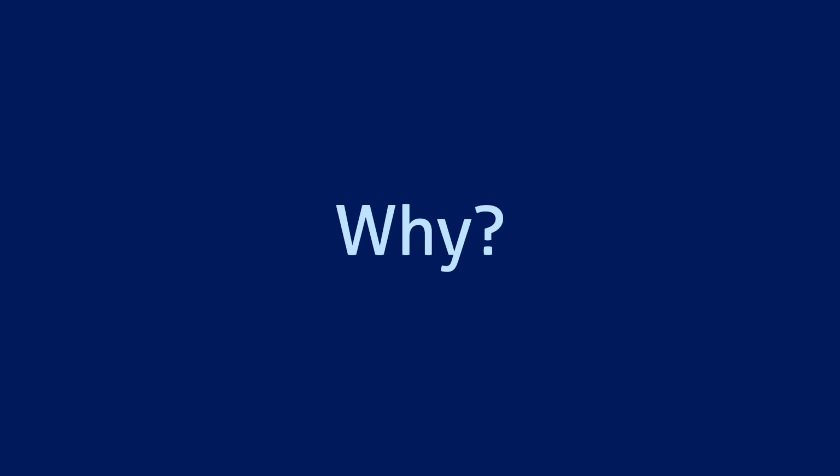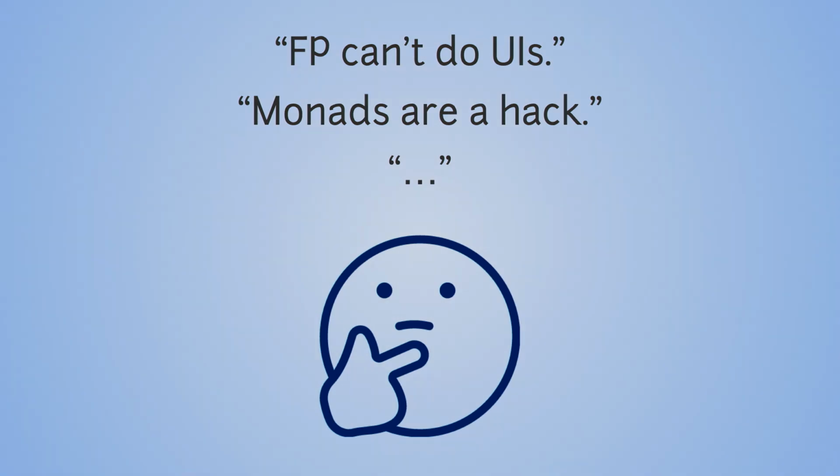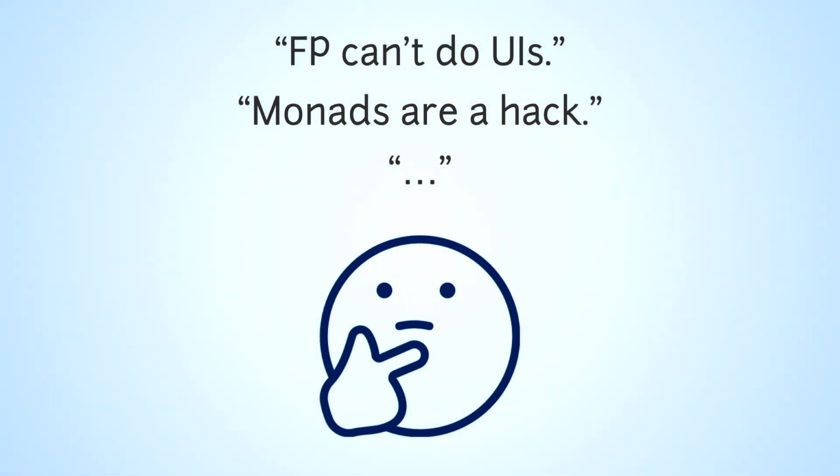So now we've talked about behaviors and events, and we've set the stage for functional reactive programming as programming with these two time-varying abstractions. Well, why do we want to do this at all? To me, one of the biggest answers is that this is something that, without any abstraction, functional programming can't do very well. And I certainly heard lots of comments about how functional programming can't do UIs. You have to go imperative, you have to go object-oriented.